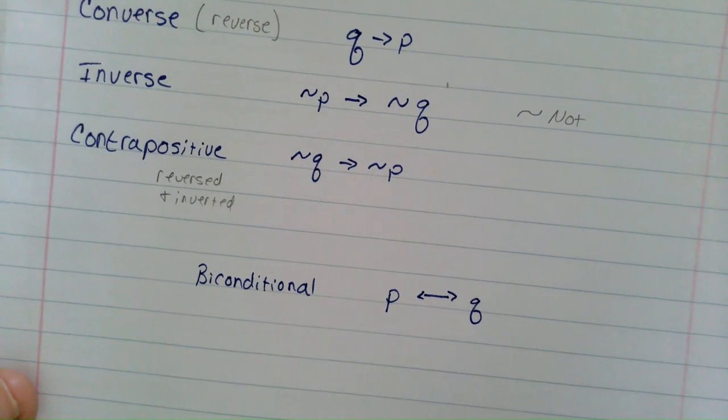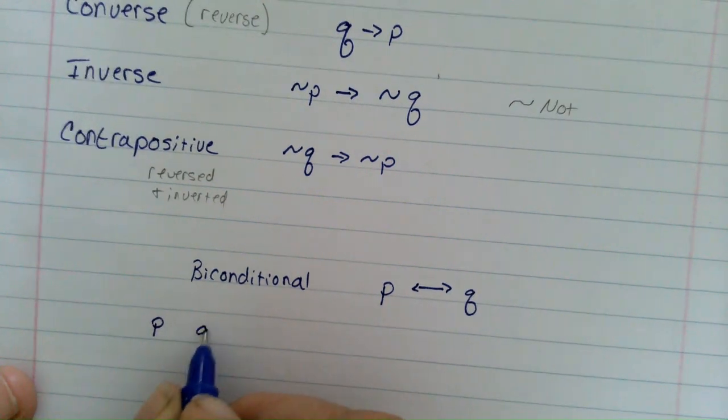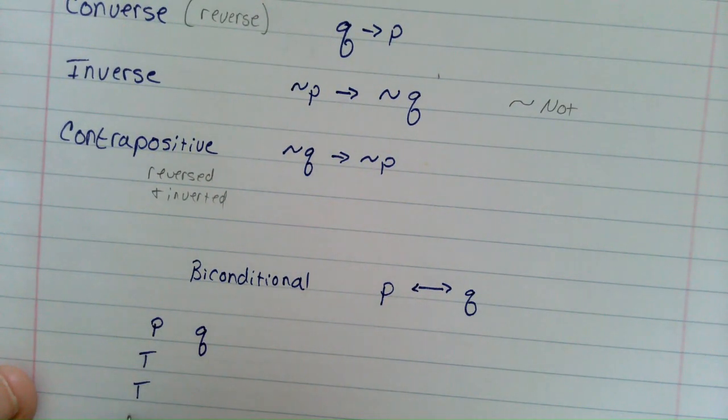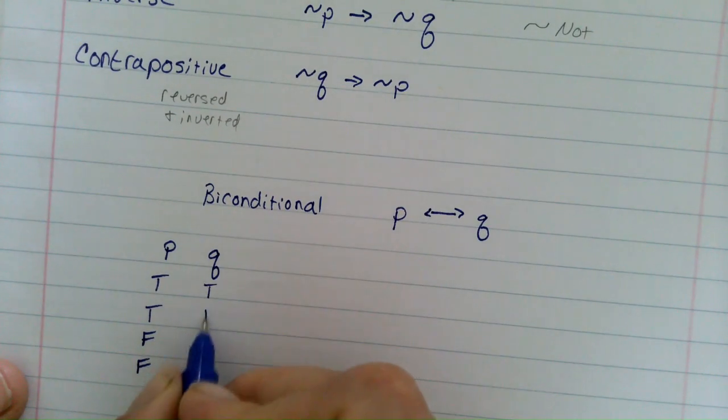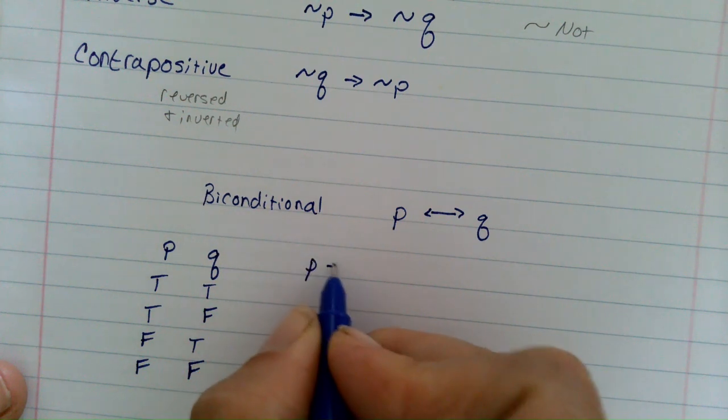Okay, now, P, Q: true, true, false, false, true, false, true, false. Okay.